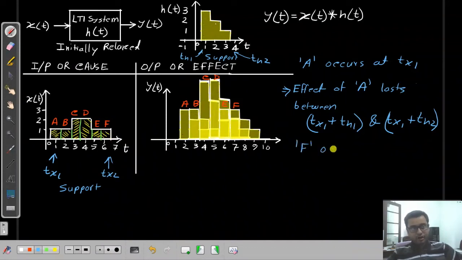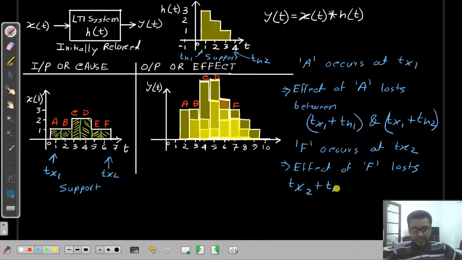F occurs at tx2, and therefore the effect of f lasts from tx2 plus th1 up to tx2 plus th2.